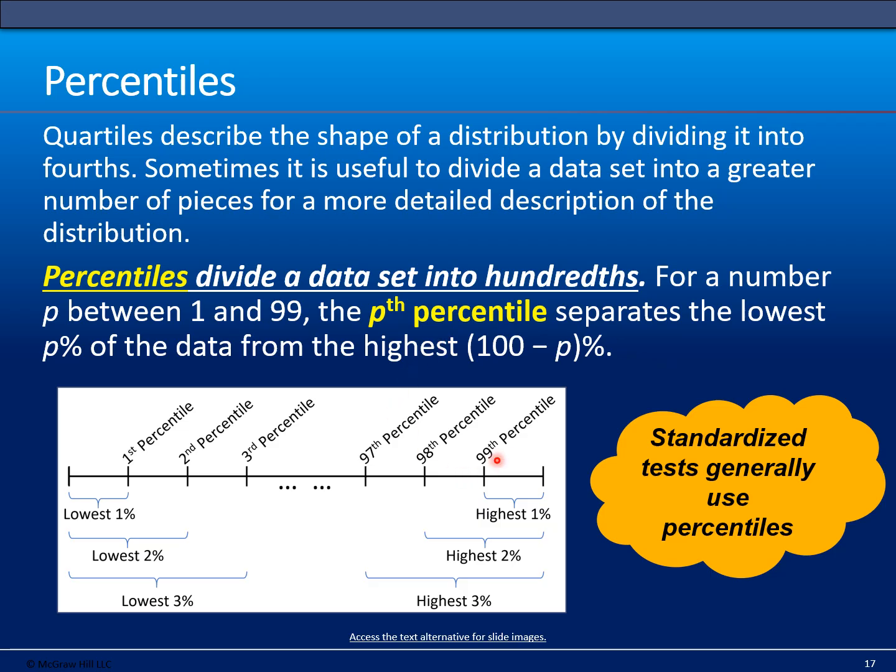If you took the STAR test in school and you scored in the 90th percentile, that means 90% of the people taking it scored lower than you and 10% scored higher than you. So that's all this is saying: if p equals 90, 90% scored lower than me, 10% scored higher than me.